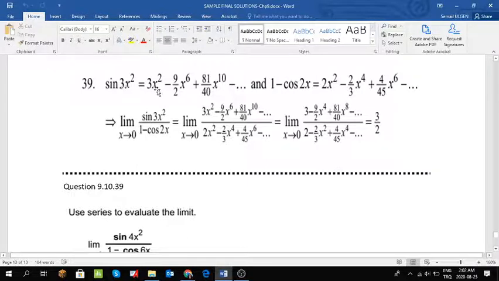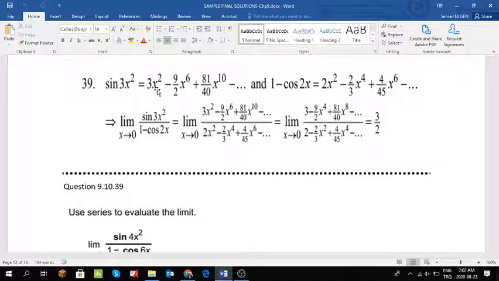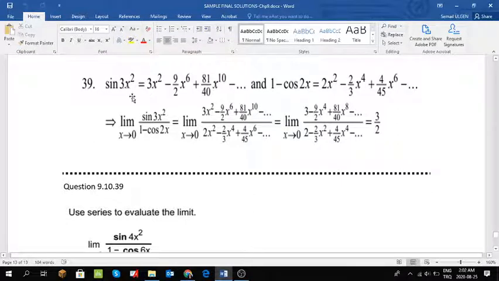We know sine 3x squared because we know sine x in power series. It is x minus x cubed over 3 factorial plus x to the fifth over 5 factorial, etc. This is sine x, but wherever we see x, we put 3x squared and we get this series.